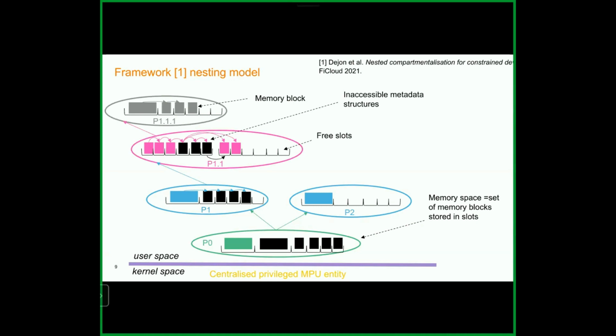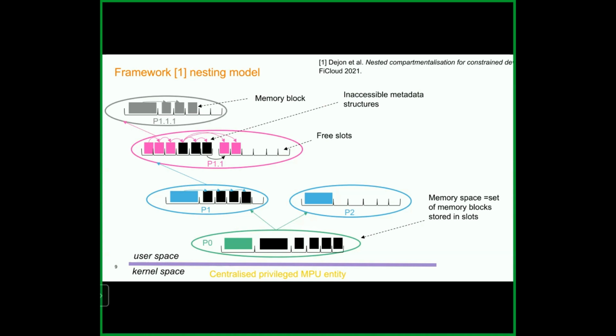So you can see we have many nested protected memory spaces. And we can see in P11 that it has two metadata structures, because we can add new metadata structures, and that extends the number of memory blocks per memory space.